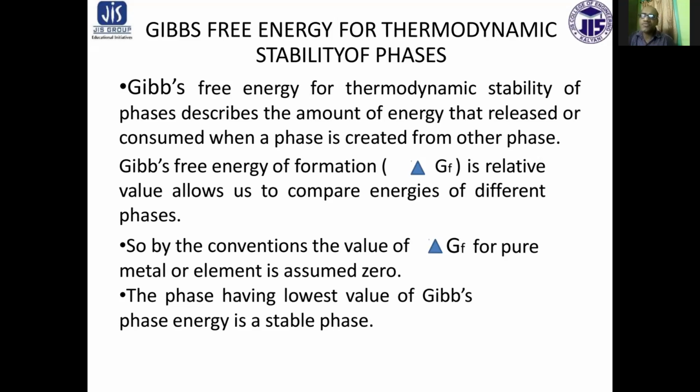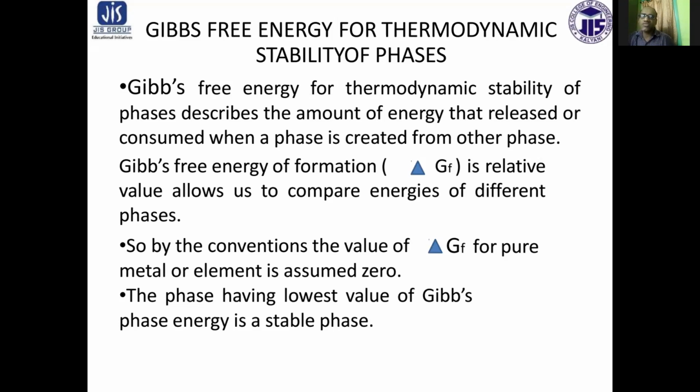Next is Gibbs free energy for thermodynamic stability of phases. Gibbs free energy describes the amount of energy that is released or consumed when a phase is created from other phases.